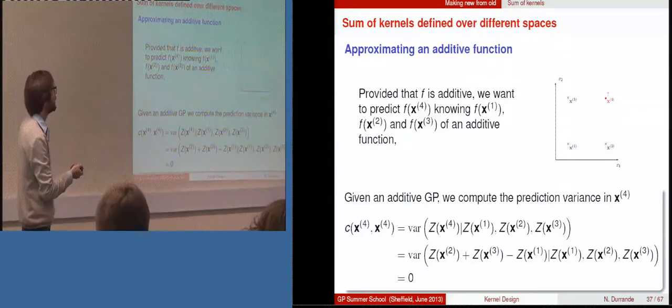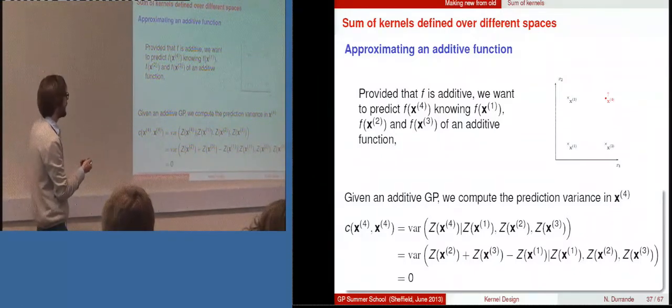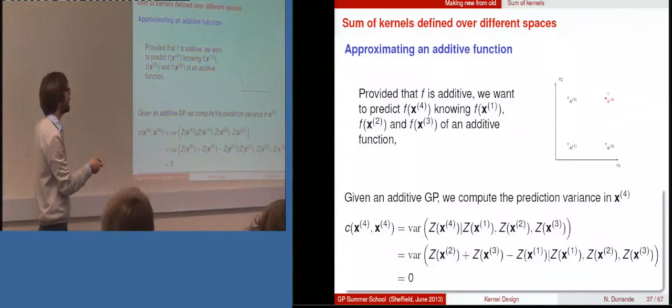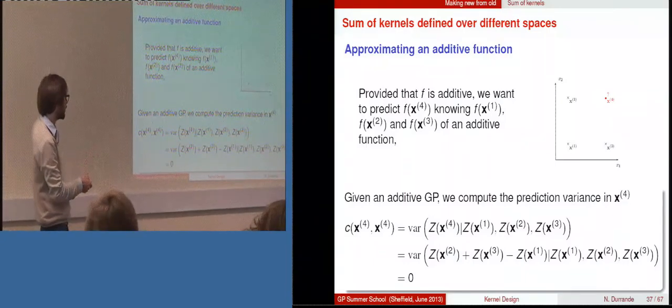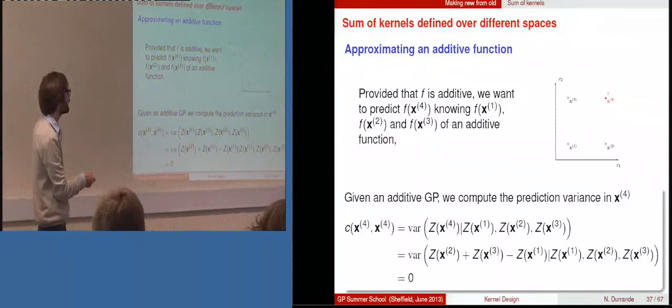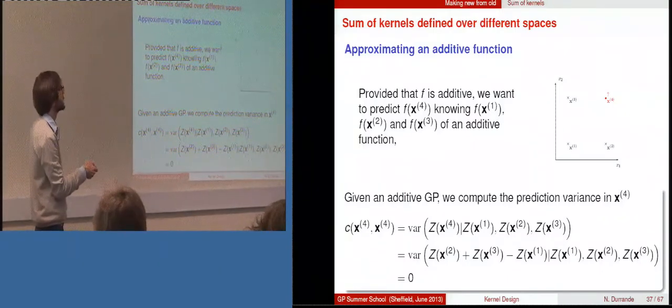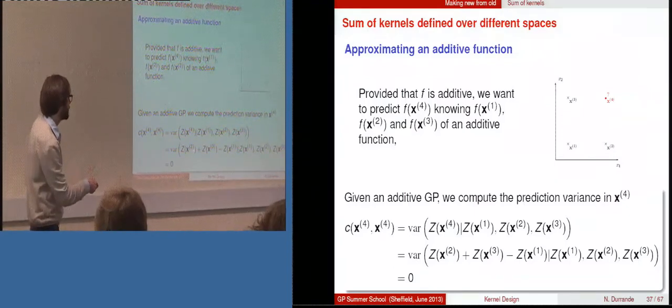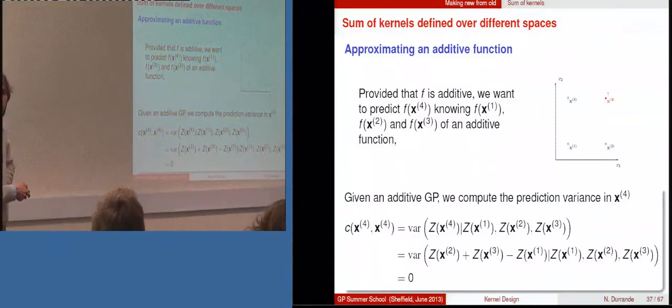If you take an additive kernel, the process behind will be an additive process, and the value at X4 will be equal to the value at X2 plus the value at X3 minus the value at X1. So we compute the conditional variance at X4 knowing the three observations, and here we are looking at the conditional variance of a GP knowing every one of the components, so this variance is equal to 0.